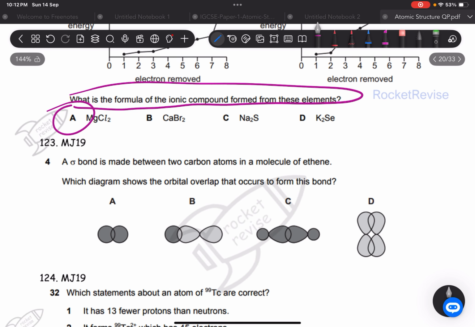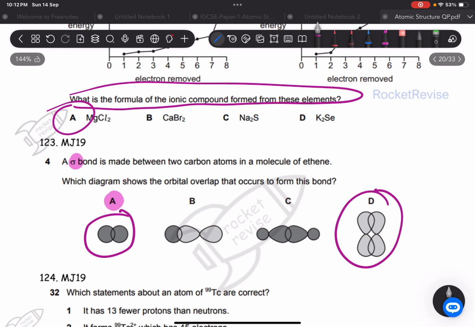Okay, a sigma bond is made between 2 carbon atoms in a molecule of ethene. You know that in ethene the first bond is the sigma bond and the second bond is the pi bond. Which diagram shows the orbital overlap that occurs in this bond? In a sigma bond, it's going to be an SS orbital overlap. This one is a sigma bond, this one shows a pi bond, and this shows a hybridized orbital, I guess.